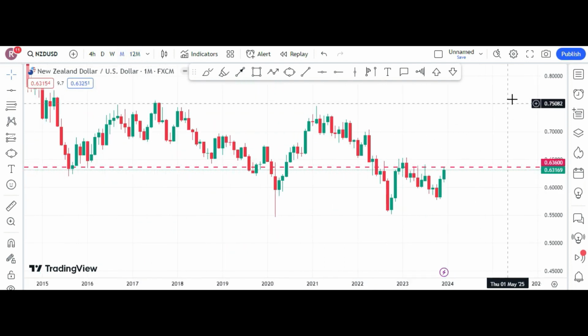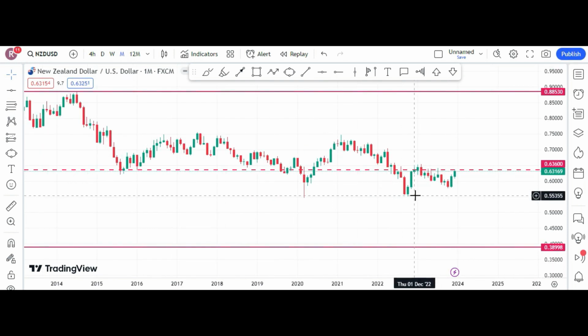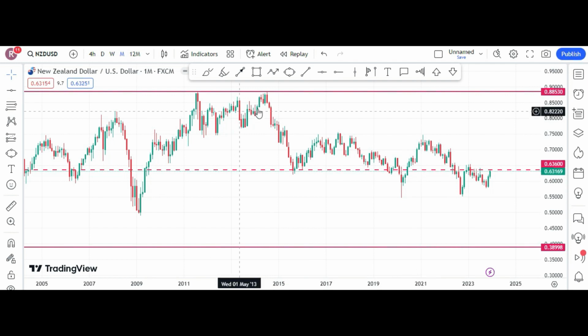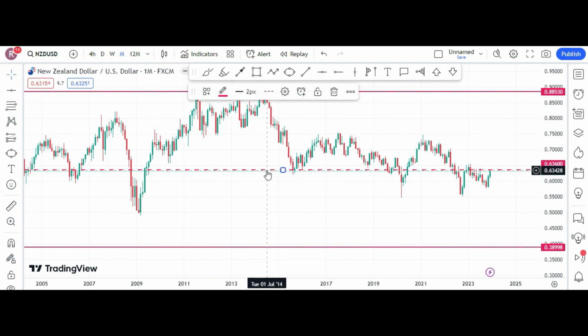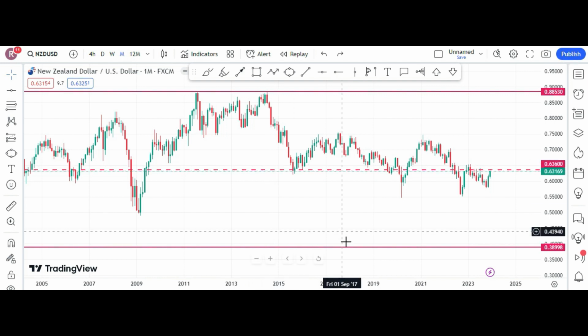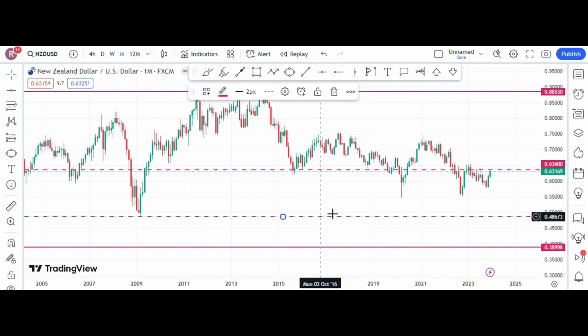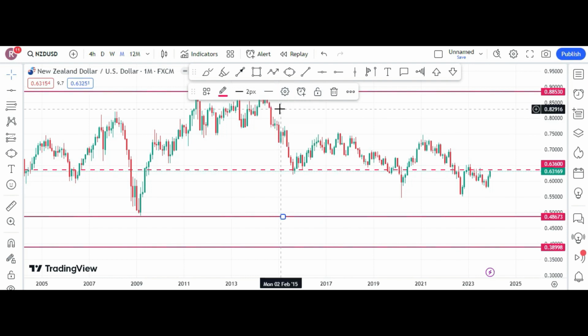So this is the monthly chart we have at the moment, and we'll analyze based on this area only. We will not consider these two bigger ranges. These are very big ranges. So let's put it back here, but we are not considering this range. The range is actually from here to here.